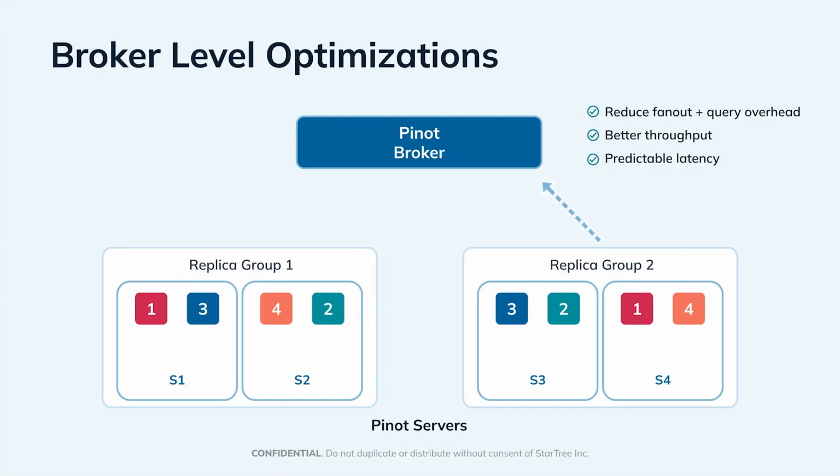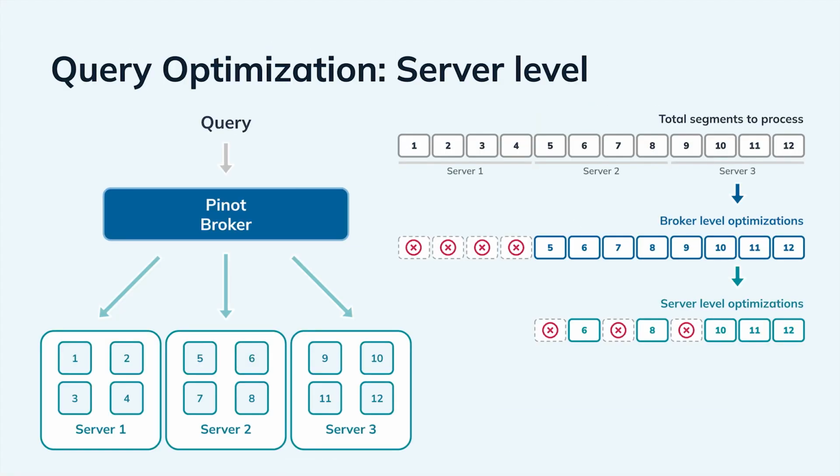Yes, so it's a fine balance between data scalability and replica group, but then you can apply the other optimizations which will help. All right, so with some of these optimizations, we have reduced from like 12 segments to, let's assume, this is a hypothetical example, but we basically reduce the number of segments by doing stuff only at the broker layer. So we haven't touched the data so far.